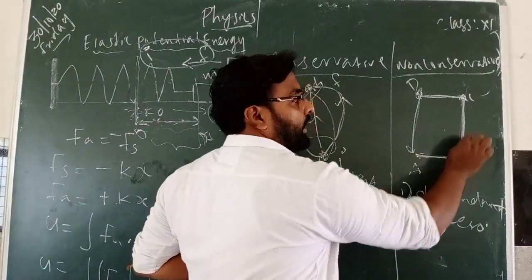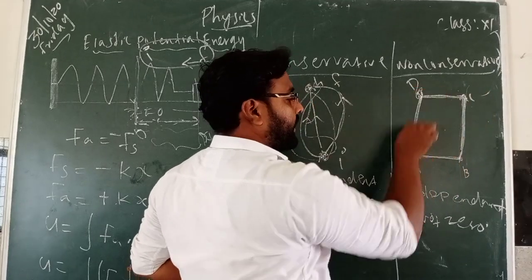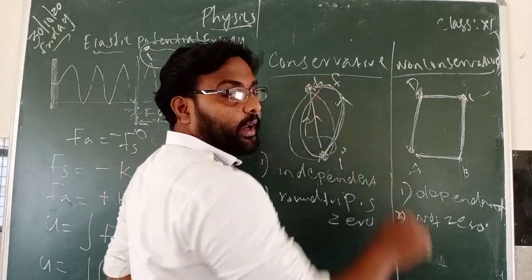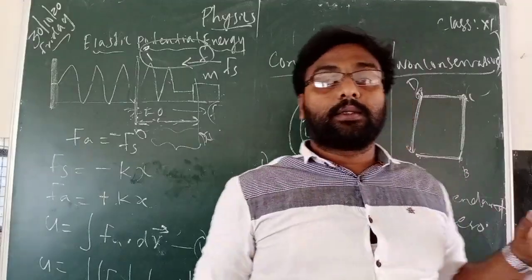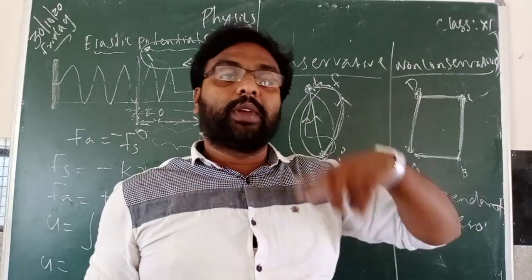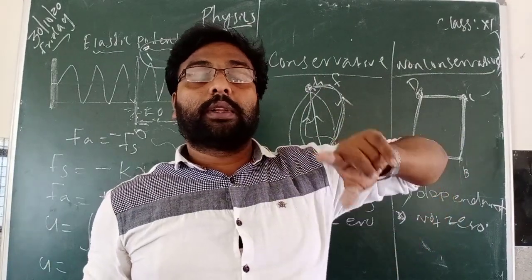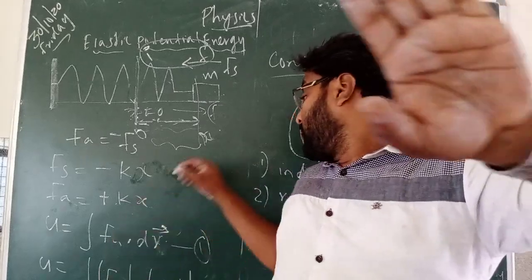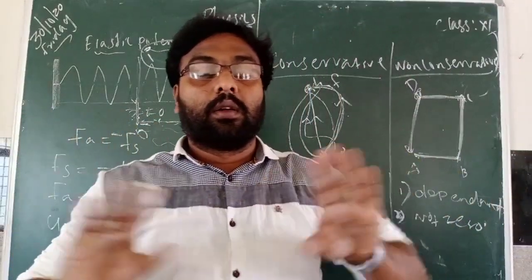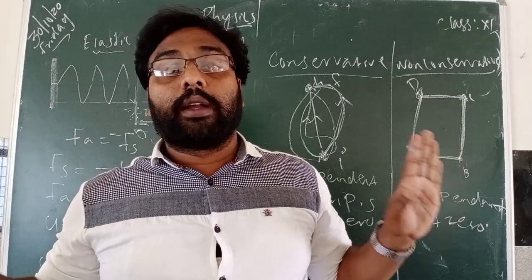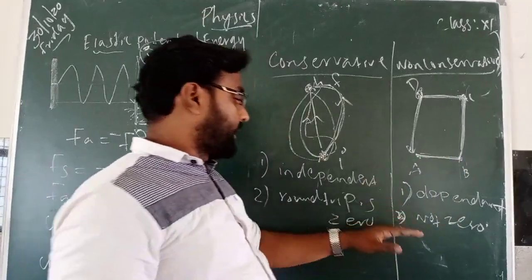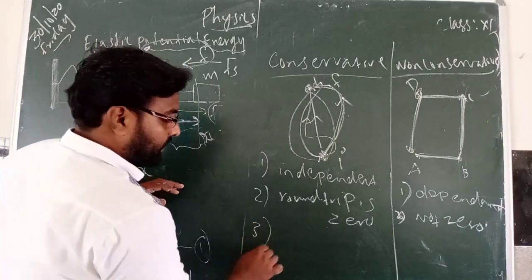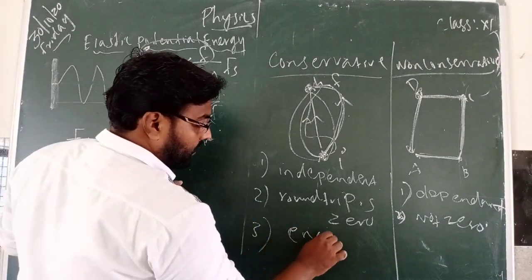Here some work is done, here some work is done. So the round trip is not 0. For a conservative force, the round trip work done is always 0. And here the work done is not 0.